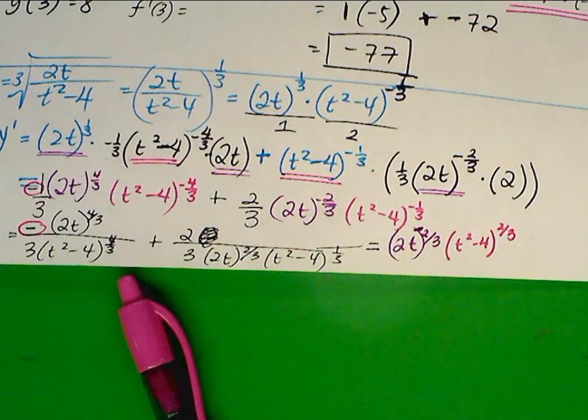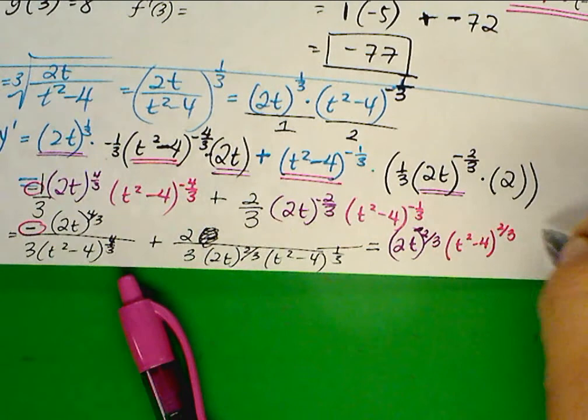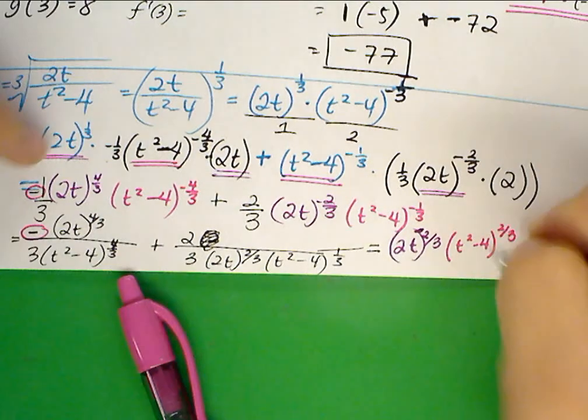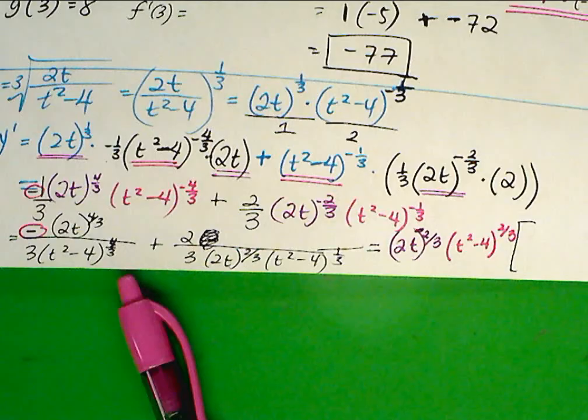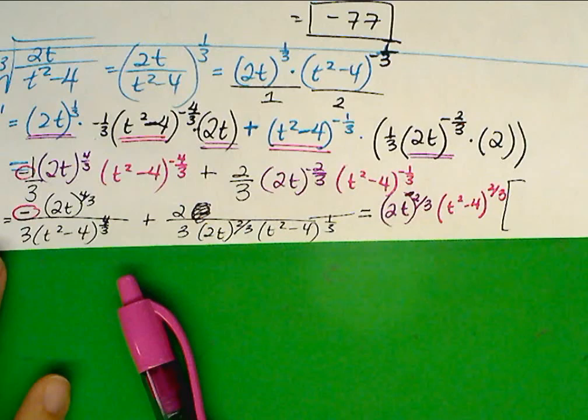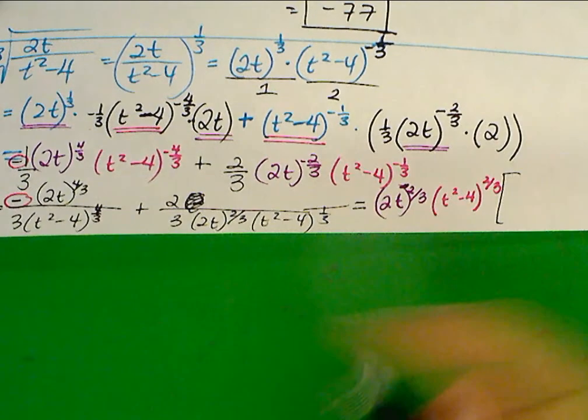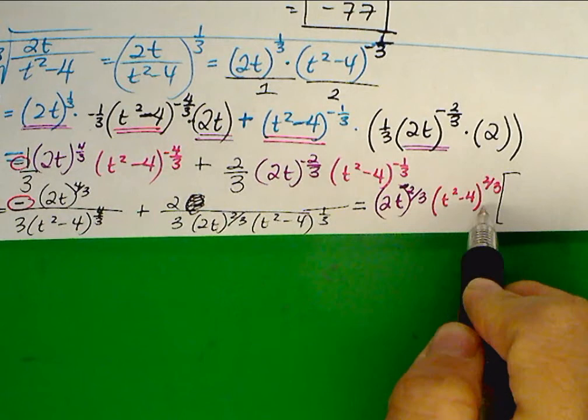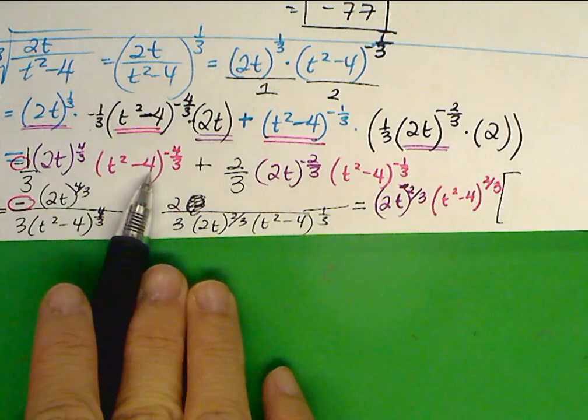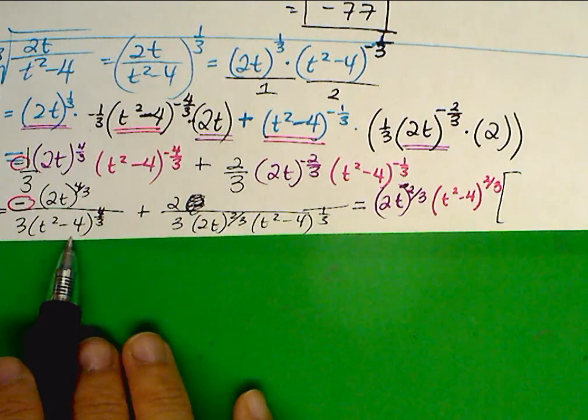So let's factor that out. Okay, so if I took out a t squared minus 4 to the 2/3 power, here we had negative 4/3. If I took out 2/3, what does that leave us with?